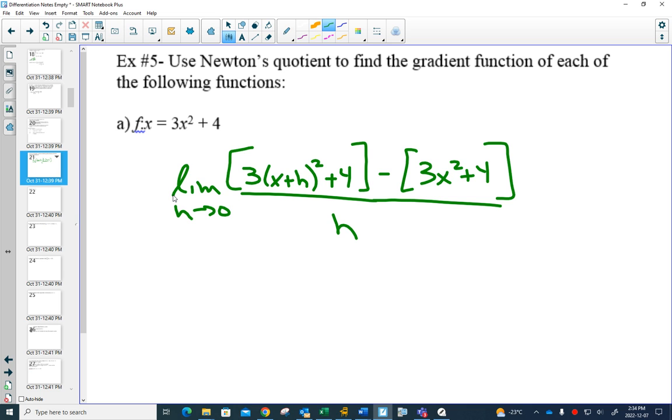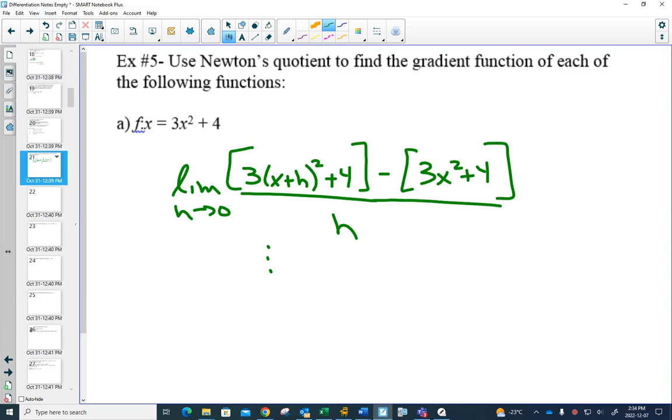And what happens with this equation, and what happens every time with a limit, is nice things cancel out. You can already see that in the top, this 4 minus that 4 will go away. You can also probably see that you're going to have a 3x squared here that's going to cancel out with that 3x squared.